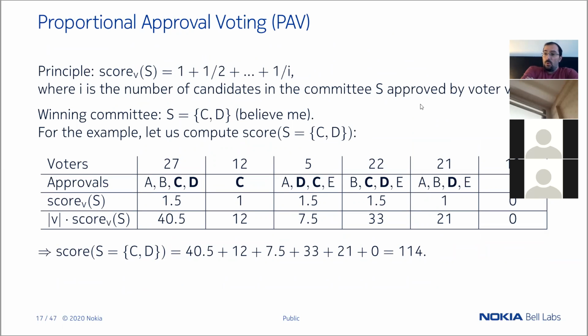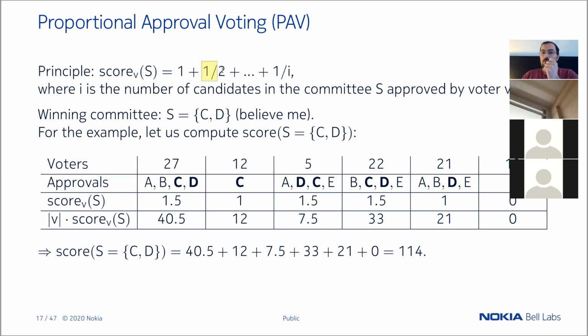But we have also other forms of committee scoring rules that are not best K rules as in the first section. For example, we have proportional approval voting. The principle here is that when you have one of your approved candidates in the winning committee, your happiness is increased by 1.